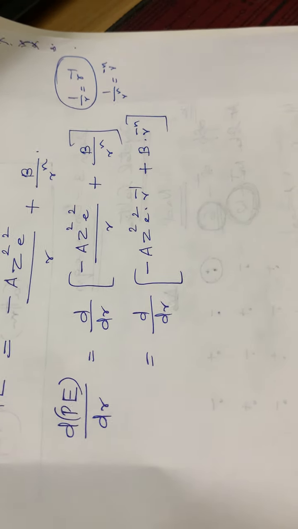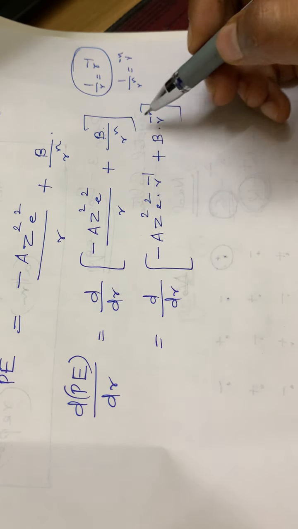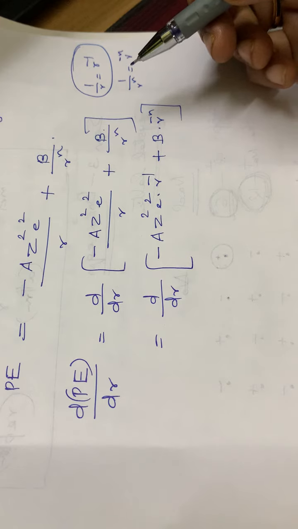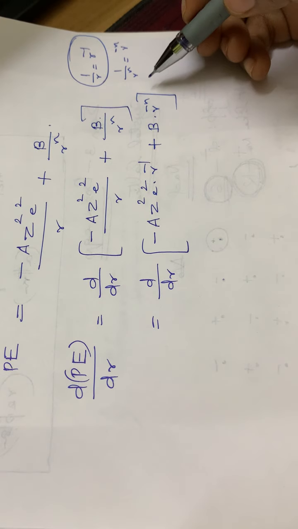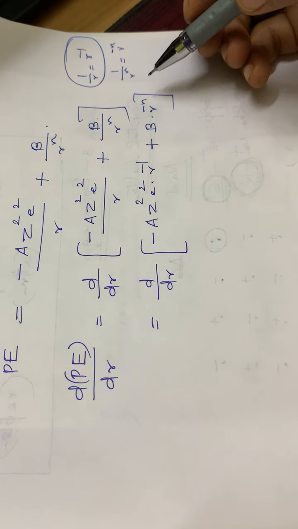Just 1 by r is r raised to minus 1, and 1 by r raised to n is r raised to minus n. Then equating this equation to 0. That means the potential energy will be minimum, isn't it?